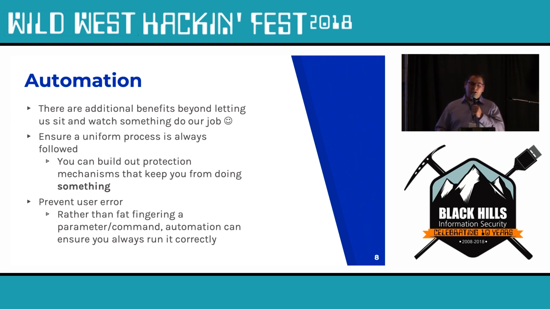So automation can help protect the integrity of whatever it is you're trying to do. Additionally, it can help prevent user error. If you can automate running Mimikatz or whatever step you want to do, then it's done. It's out of the hands of human operators. And finally, it helps ensure that a uniform process is always followed any time you are doing a step in the test.